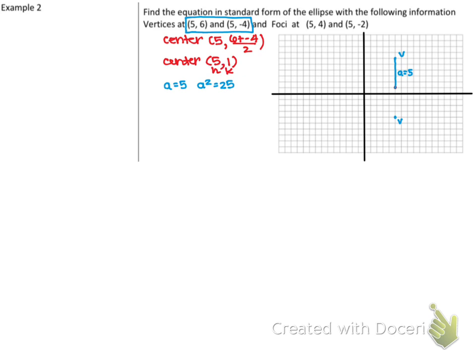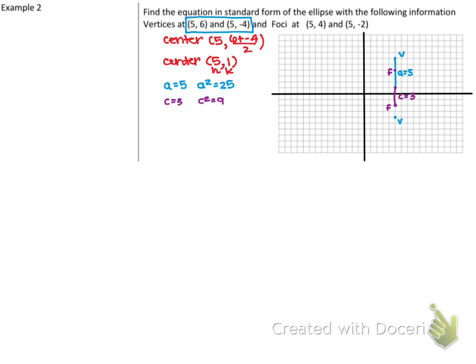Okay, I know that this is a focus and this is a focus, which means this distance from center to focus is c. So I know that c is 3, which means c squared is 9.